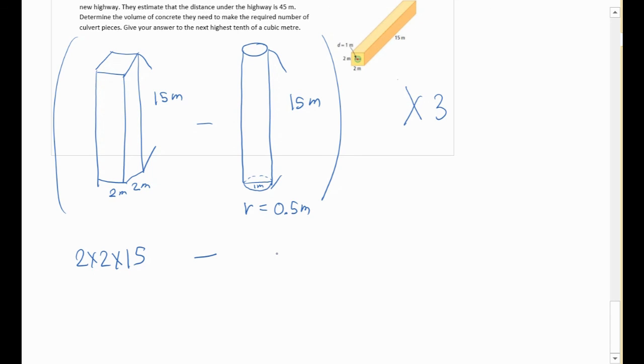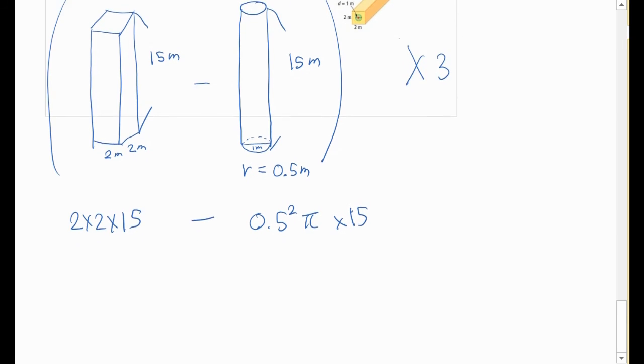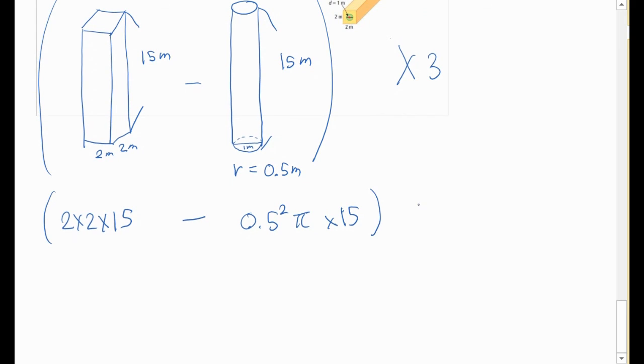So r squared pi times the height. So remember, area of a circle is r squared pi. 0.5 squared pi times the height, which is 15. And we need 3 of them. So we're going to multiply this by 3.